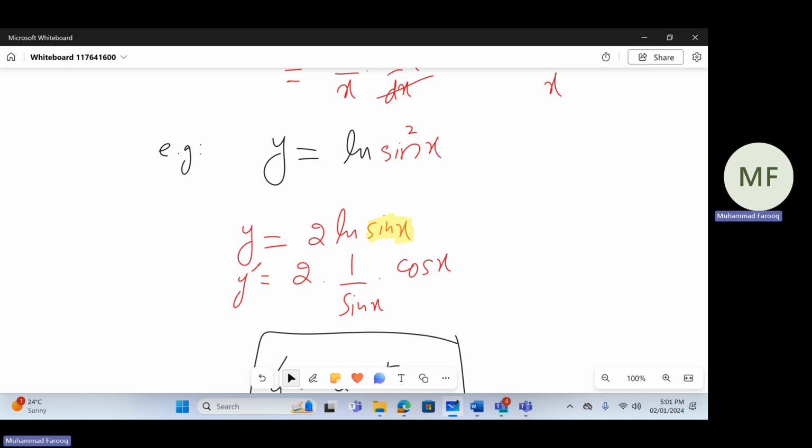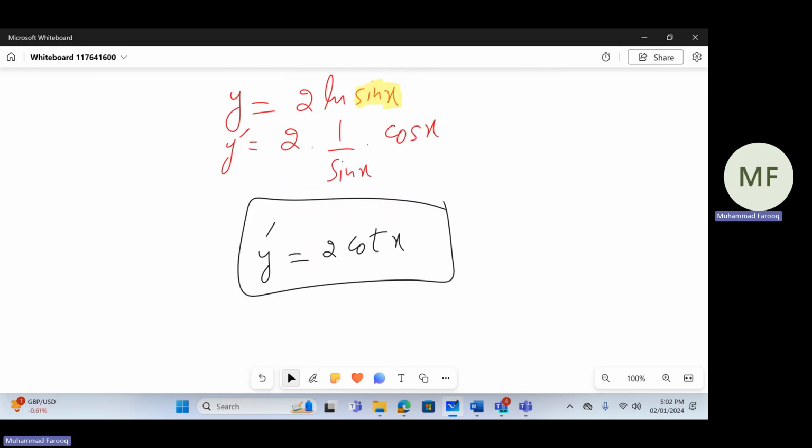Yeah, I understand the second step. Now take the derivative. What is the rule of ln x derivative? 1 over argument multiply argument derivative. Our argument is sine, so 1 over sine times sine derivative. What is sine derivative? Cosine. Then cosine over sine. Good. I hope you understand. Clear? Very good. Got the idea? This is the basic idea of the derivative of the natural log function.